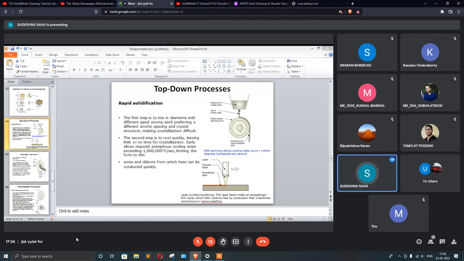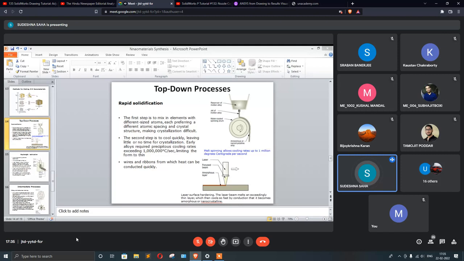Then there is another process, in the second picture, where laser surface hardening takes place, where a laser beam melts the top of a substrate, which then cools very fast due to conduction, because the substrate is already cold.